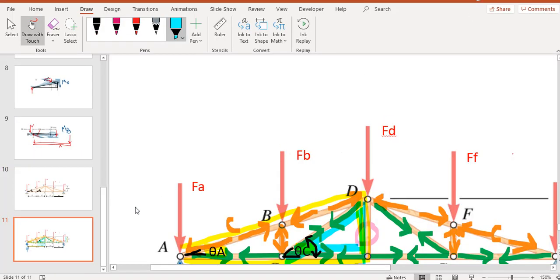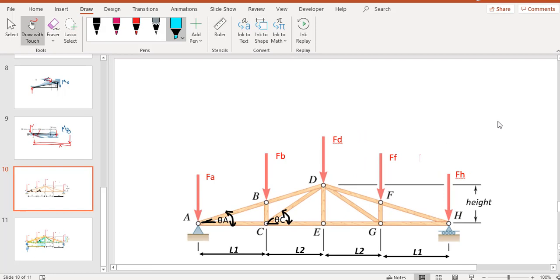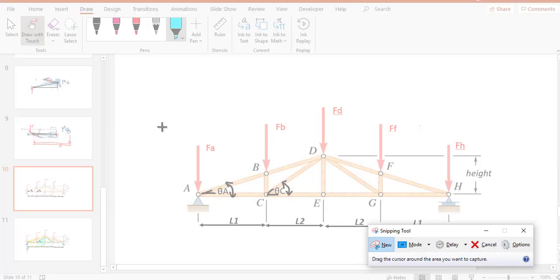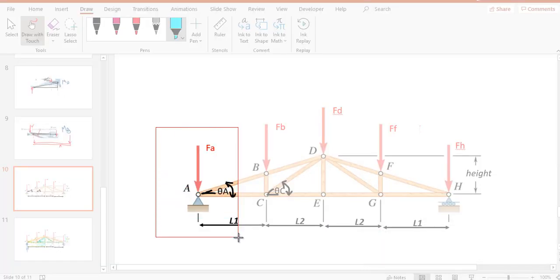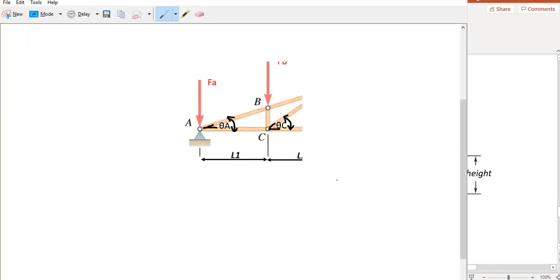So thinking about this, we can use the method of joints, or if that gets super frustrating to you, you might try the method of sections too. With the method of sections, we would maybe start with this chunk again, but for the next piece, we could just chop it right down the middle, and we have 3 unknowns.